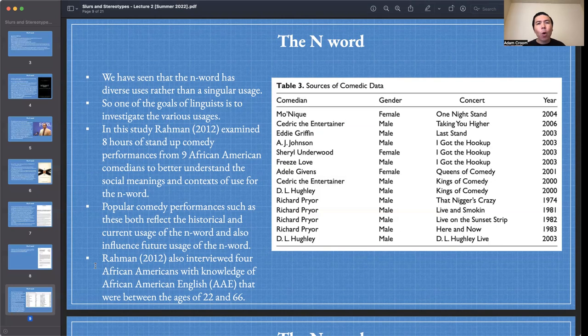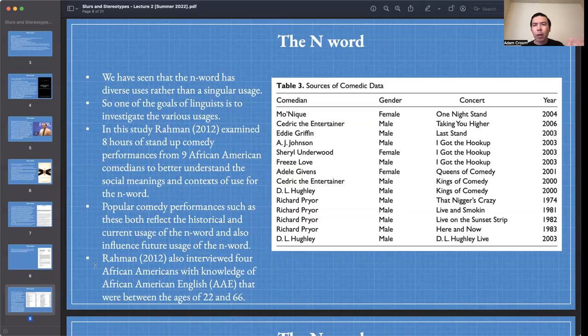So this can go by different names, okay? In this lecture, I'll call it AAE, okay? But in some of my other writing, I call it African-American Vernacular English, and you'll notice that in the literature, others like McWhorter will call it Black English, and just understand that we're referencing the same thing, okay?